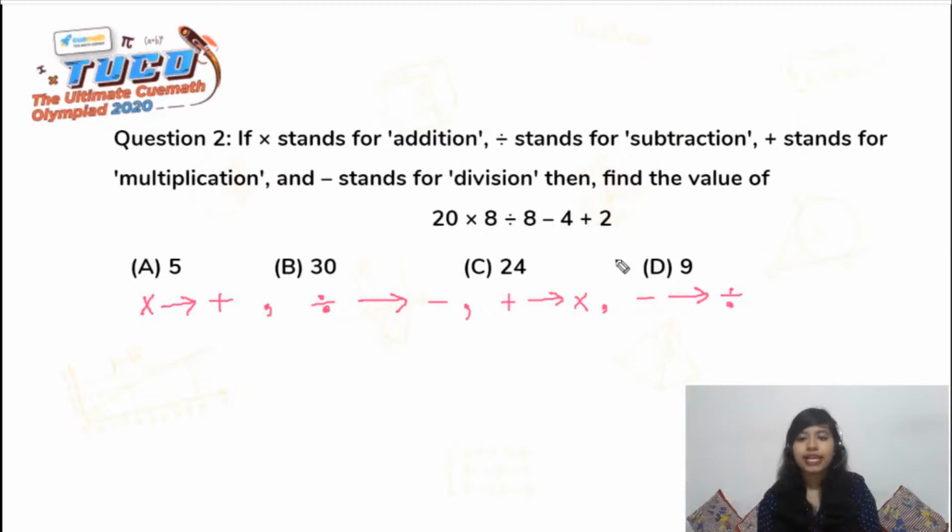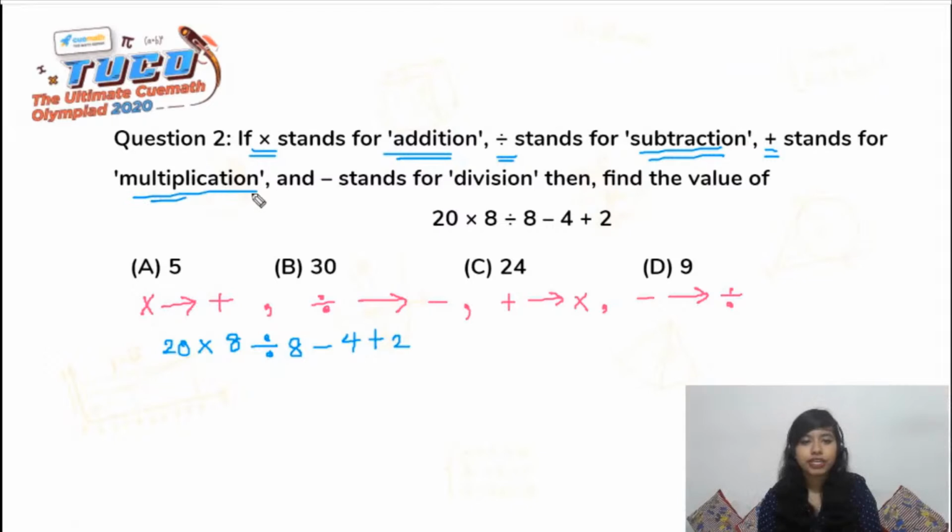With this, let's take our expression, which is given to us: 20 times 8 divided by 8 minus 4 plus 2. According to the modifications we have to make as per the question, that is multiplication being replaced by addition, division by subtraction, addition by multiplication, and subtraction by division, I would be modifying my expression.